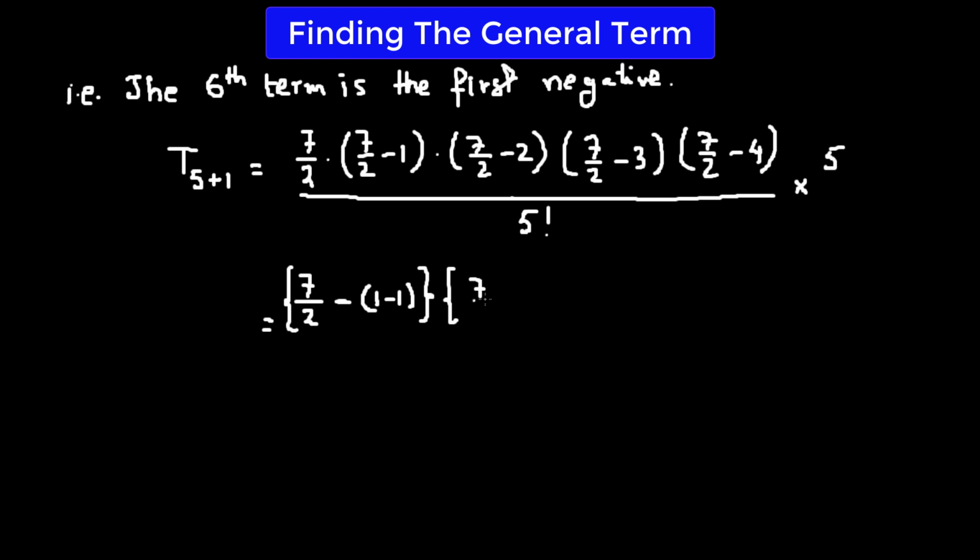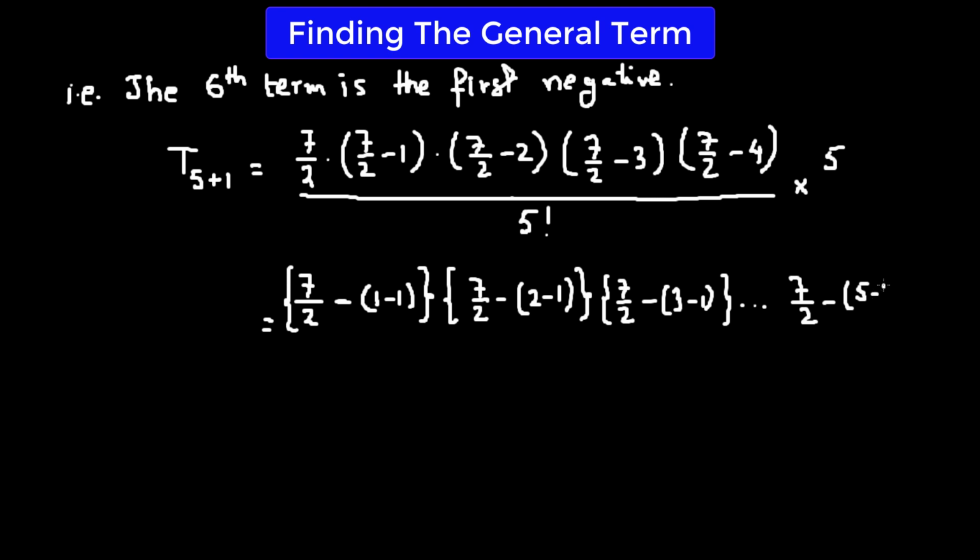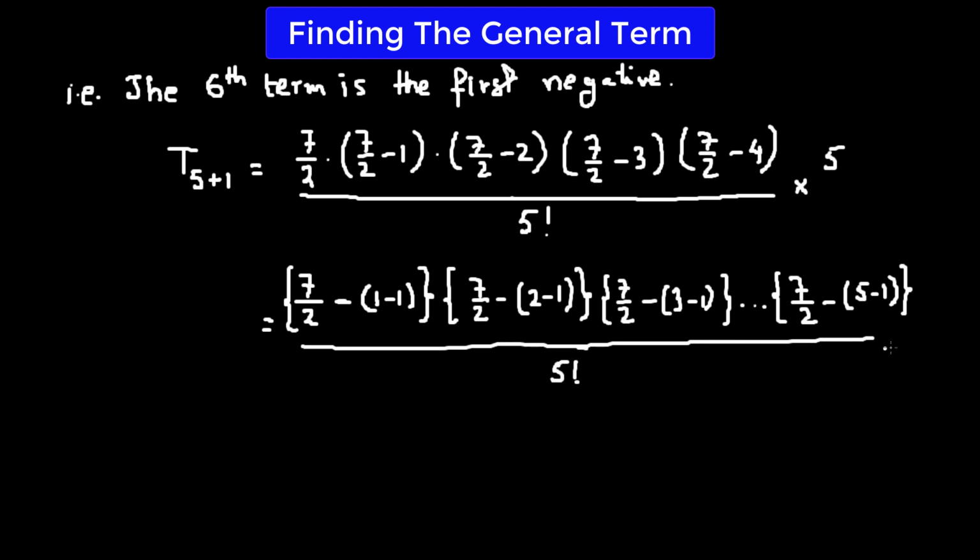For r equals 2, we have 7/2 - (2 - 1), which gave us 7/2 - 1 as the second term. Then we continue with 7/2 - (3 - 1) all the way up to 7/2 - (5 - 1), because the r value is 5, divided by 5 factorial, times x^5.